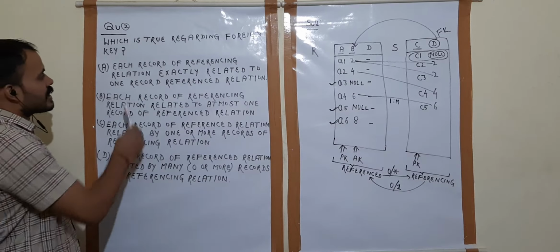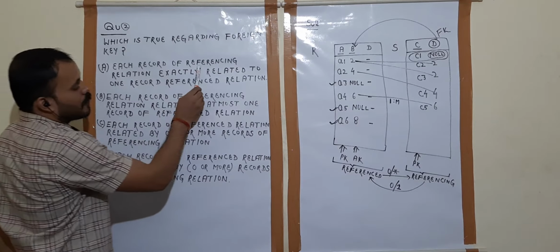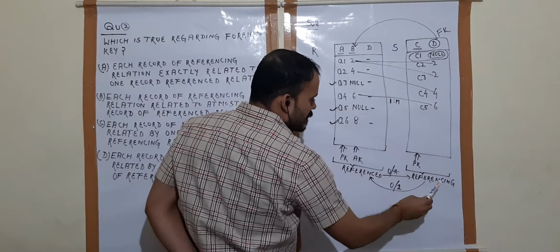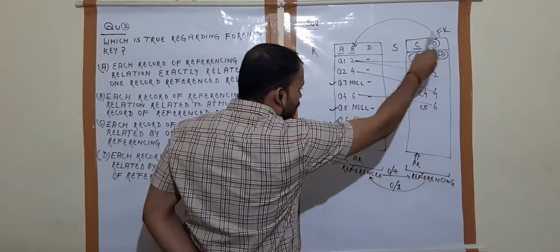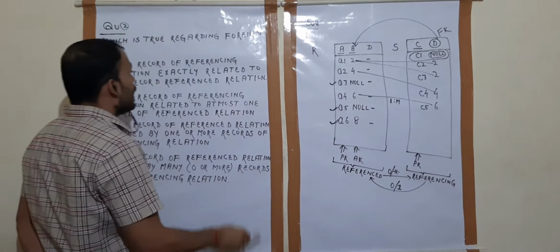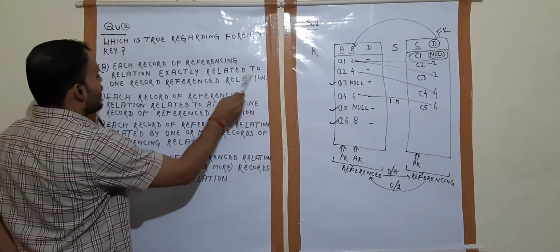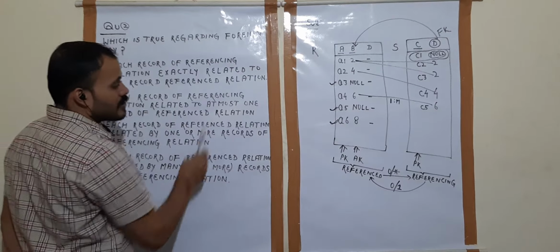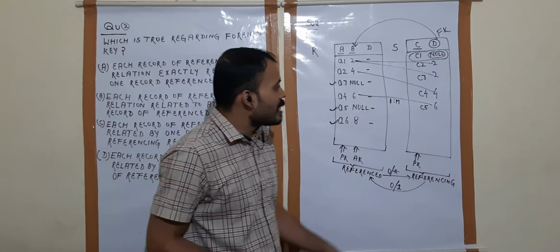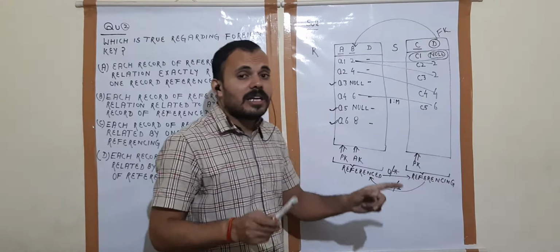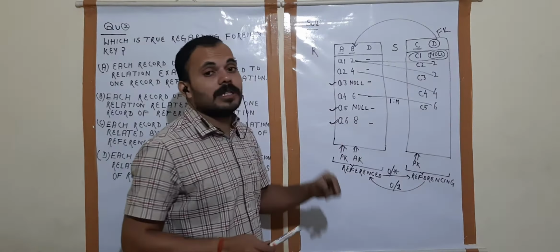When it is giving that each record of referencing relation, this is the referencing relation, each record of referencing relation is exactly related to one record of the referenced relation.